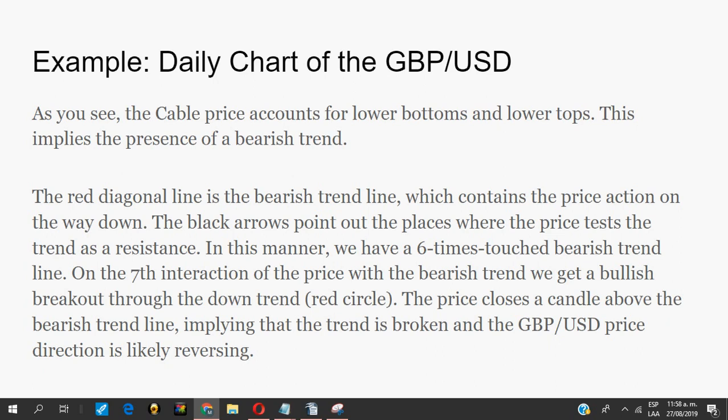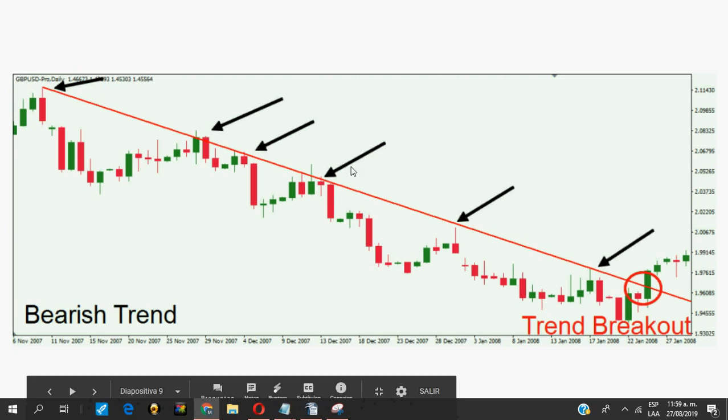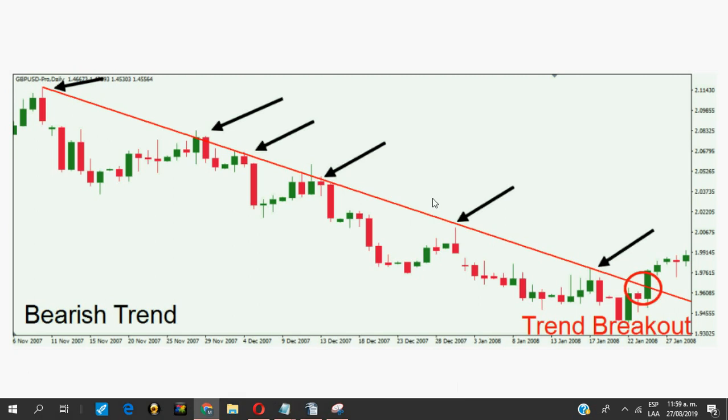The black arrows point out the places where the price tests the trend as a resistance. In this manner, we have a 6-time touch bearish trend, and on the 7th interaction of the price with the bearish trend, we get a bullish breakout through the downtrend.